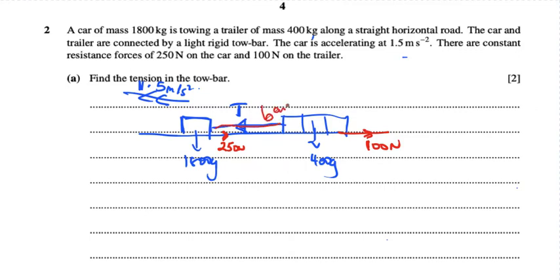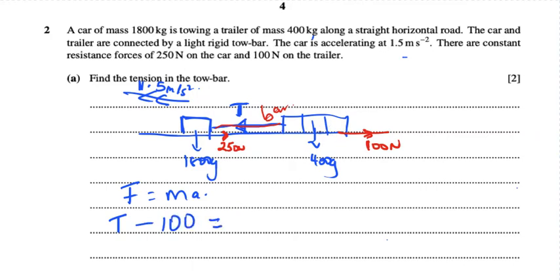This is the bar. So the tension in the bar, you realize that T is fighting against, it is driving 100. Resultant force is equal to mass times acceleration, so the resultant of T and 100 is equal to the mass of what?